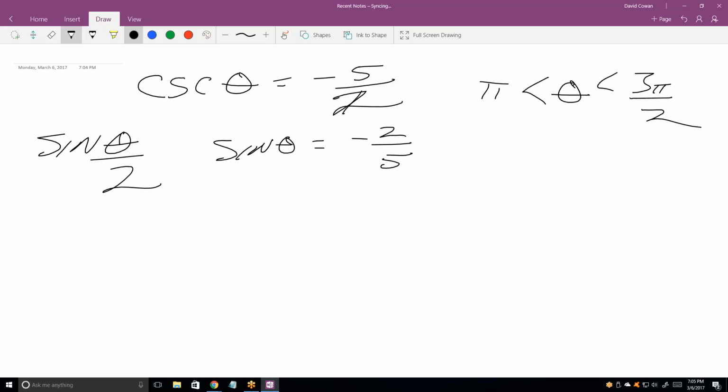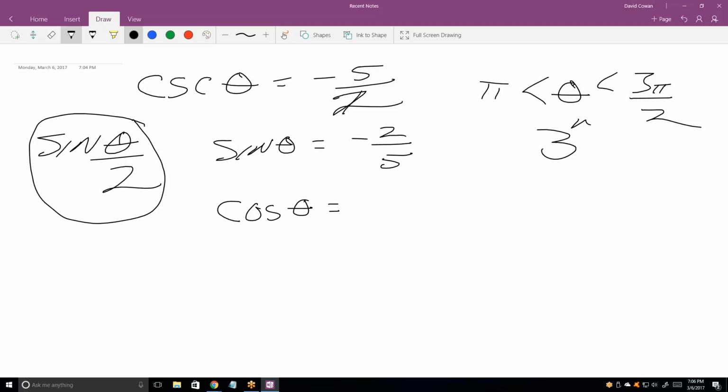Now, since the sine of theta over 2 is defined in terms of cosine, we got to figure out what the cosine of theta is. Well, if I know what the sine of theta is, and I know what quadrant it's in, and I do, theta's in the third, how do I figure out the cosine of theta?